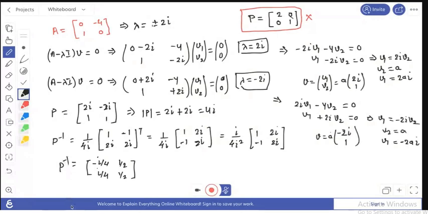So here you can write: the first column of your fundamental matrix is not a solution of the problem, which means that your M(x) is not a fundamental matrix for this problem.